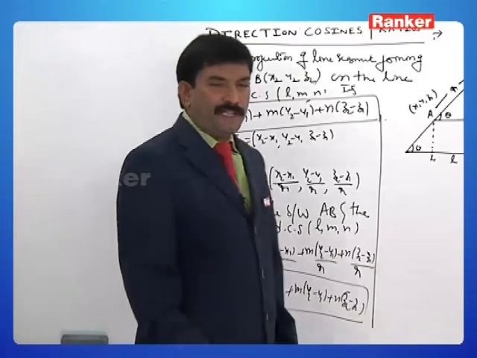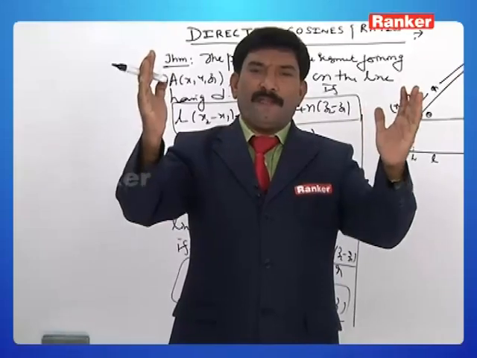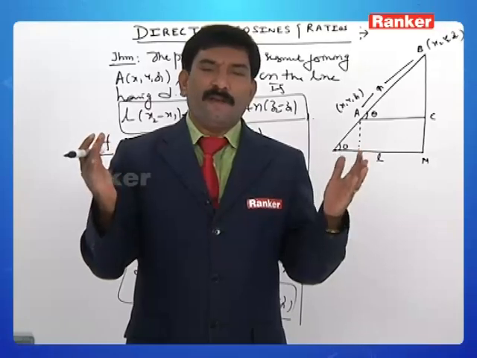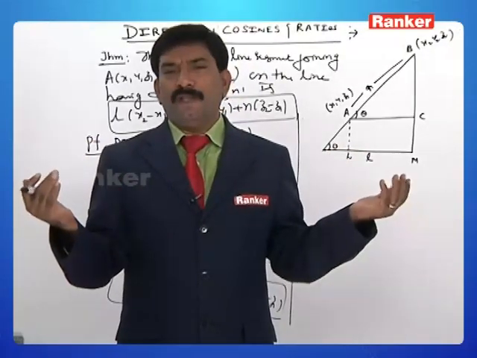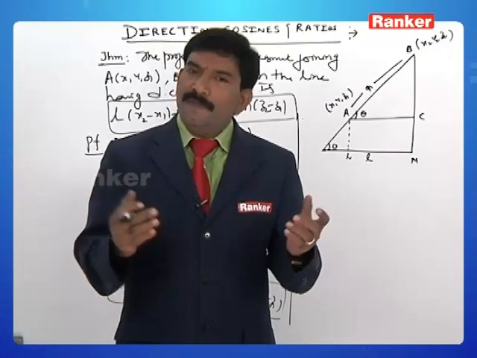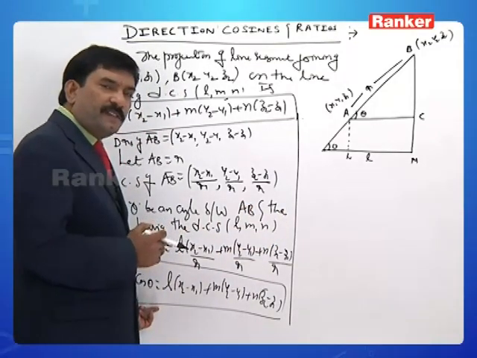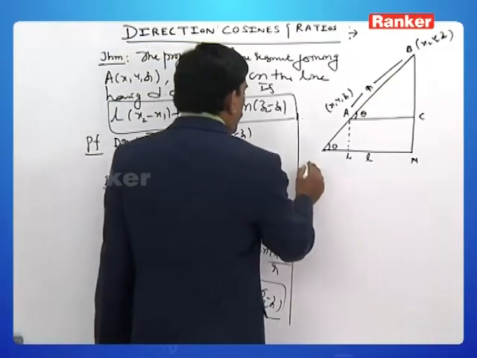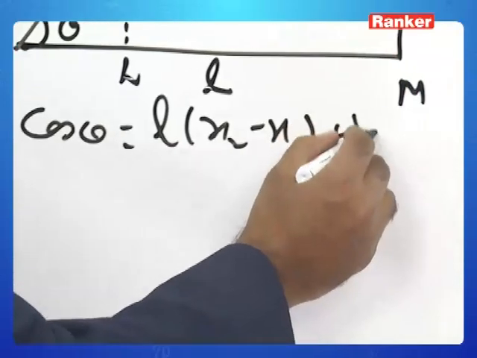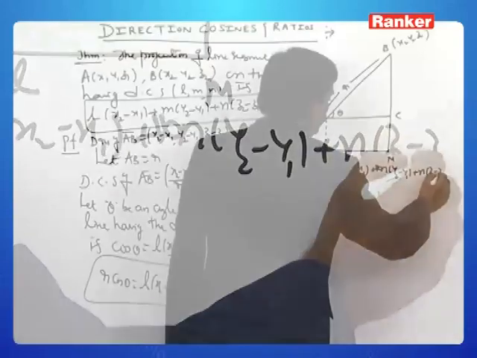Yes, as we have discussed just now, the projection of AB on the line L having DCs l, m, n is given by AB into cos theta, R cos theta. R is nothing but AB. So what is R cos theta? R cos theta is nothing but AB cos theta. I can write AB cos theta is equal to l into x2 minus x1, m into y2 minus y1, n into z2 minus z1.